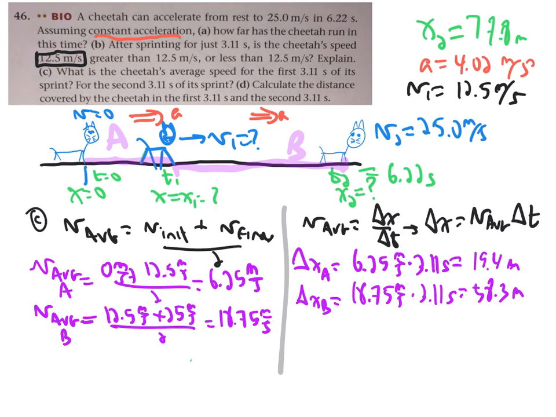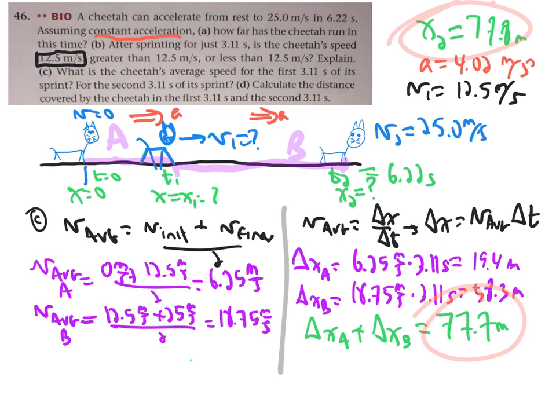And we can see that, interestingly enough, delta xA plus delta xB, which would be the distance during trip A plus distance during trip B, turns out to be 19.4 plus 58.3, 77.7 meters, which is almost, although not exactly, sadly, what we got up here for x2.